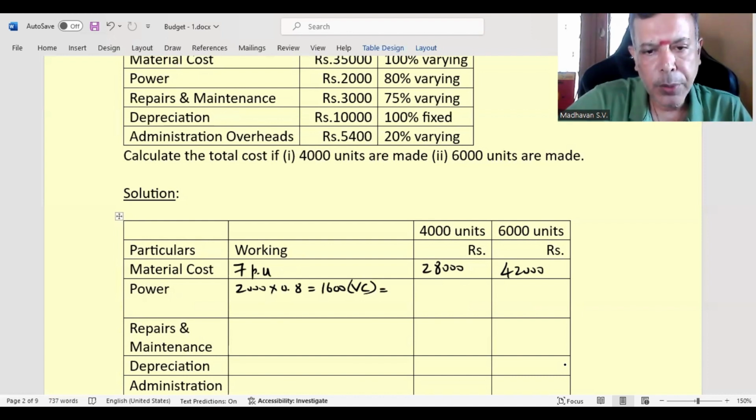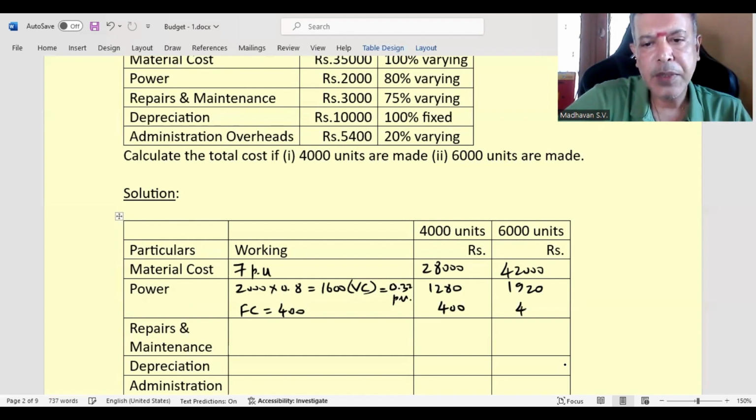We get 0.32 per unit. So here we will have 0.32 into 4,000, we get 1,280. And then here 0.32 into 6,000, we get 1,920. Now fixed cost will be the balance. So 2,000 minus 1,600, you get 400. So that 400 will be there for both as it is because it is fixed expenses. So we will write 400 there.